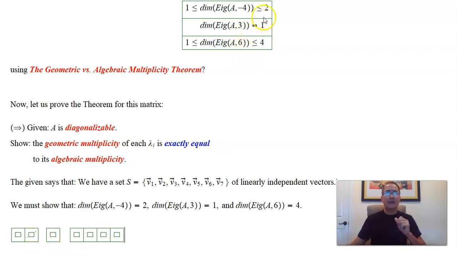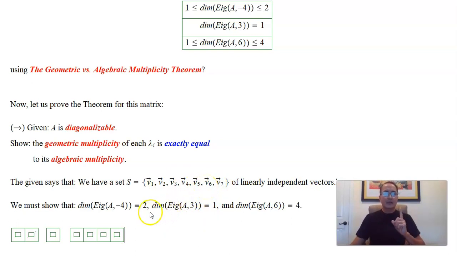All we know right now is that the first eigenspace is at most 2-dimensional. The second is exactly 1-dimensional. We at least know that. And the third is at most 4-dimensional.